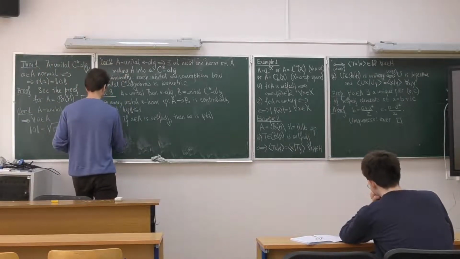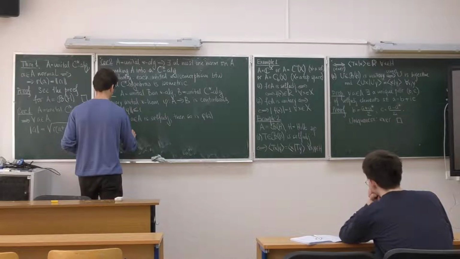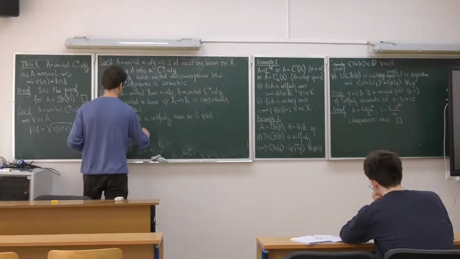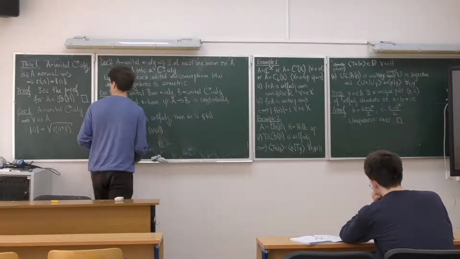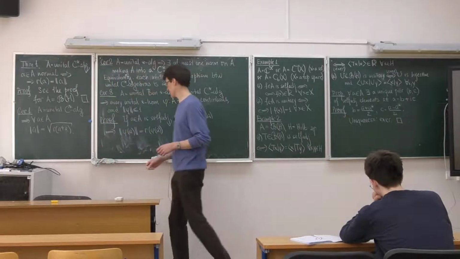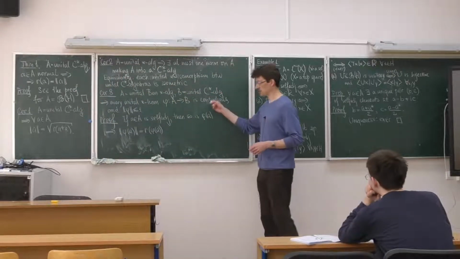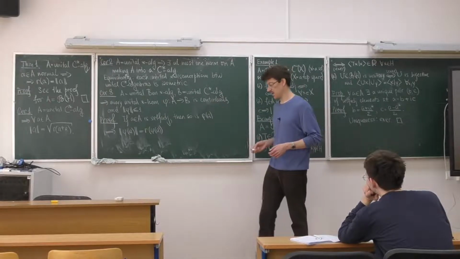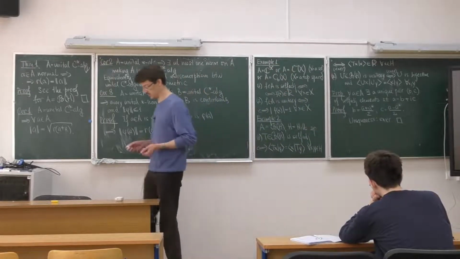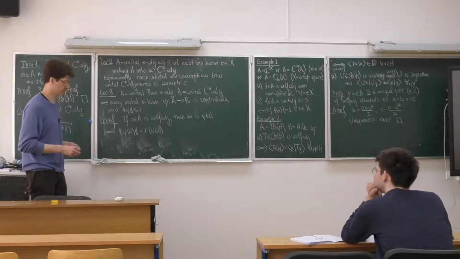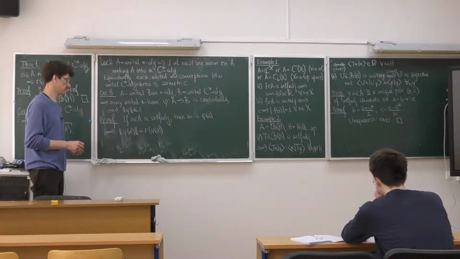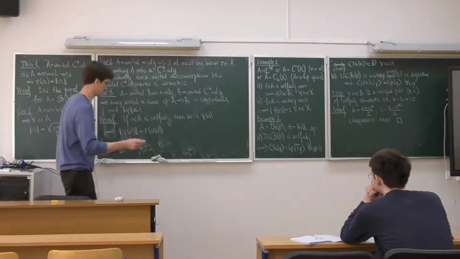And so the norm of phi of a is equal to the spectral radius of phi of a by theorem 1. On the other hand, phi is a unital algebra homomorphism, and we know that unital homomorphisms reduce the spectrum.